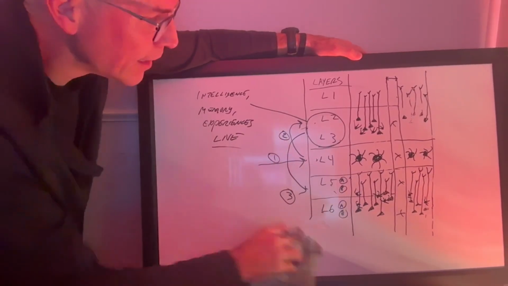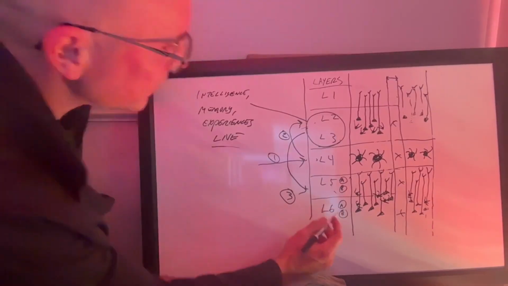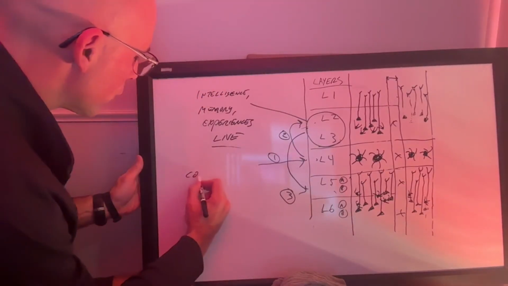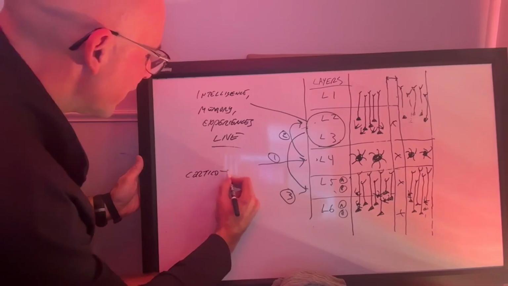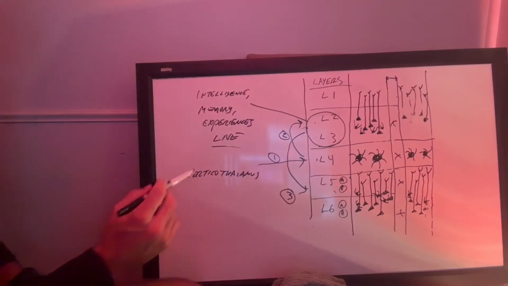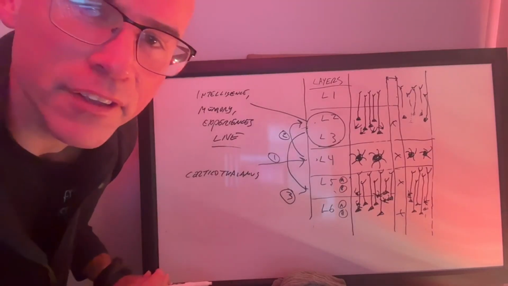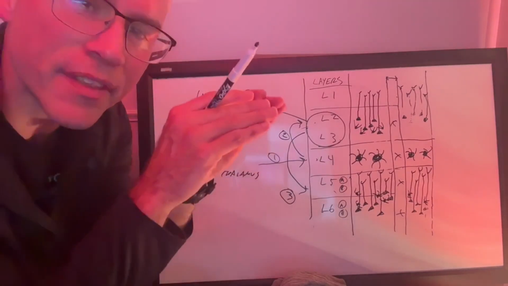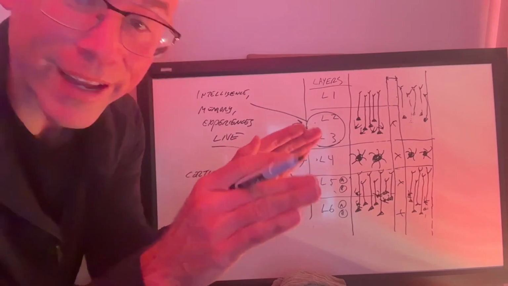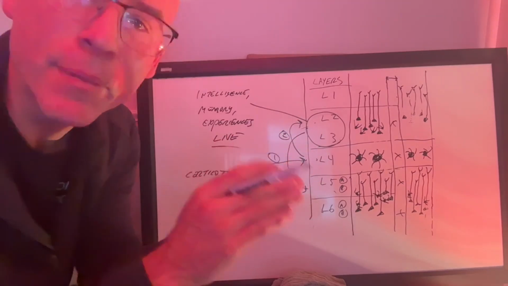Layer 6 is kind of the output area. Layer 6A is corticothalamic. This is huge for the thalamic reticular nucleus. Remember the thalamus is a shell over it, and it's all GABA, and a large part of it is parvalbumin.